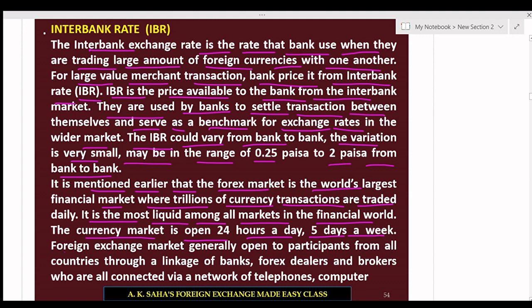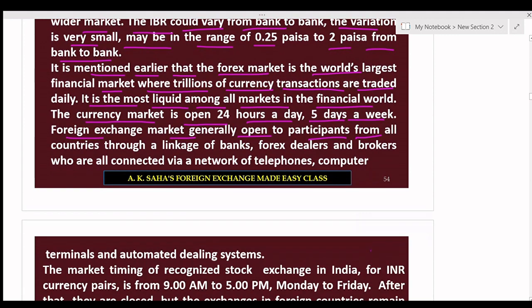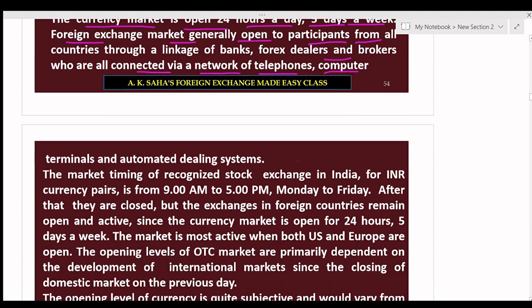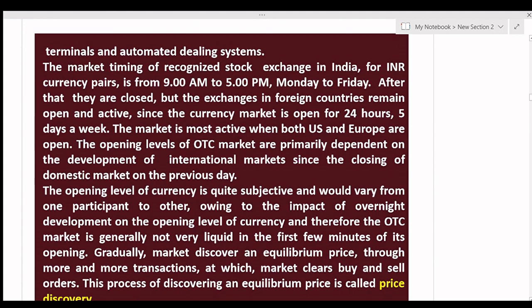Foreign exchange market is generally open to participants from all countries through a linkage of banks, foreign exchange dealers and brokers who are connected via a network of telephone, computer terminals and automated dealing systems.